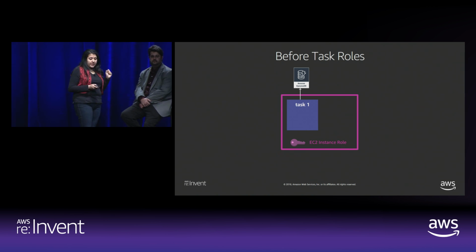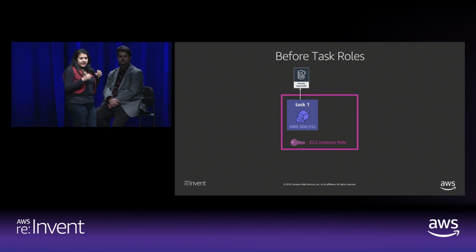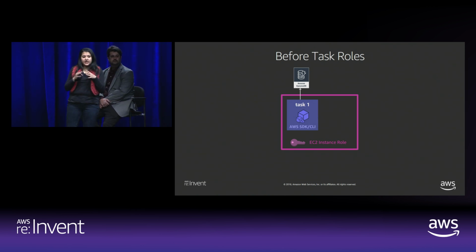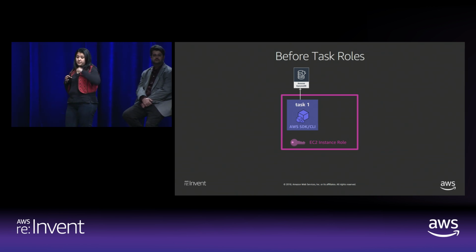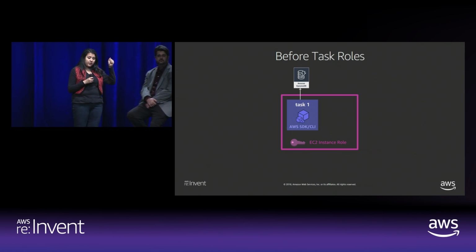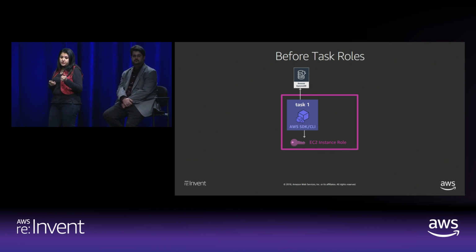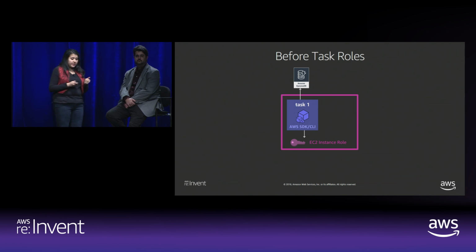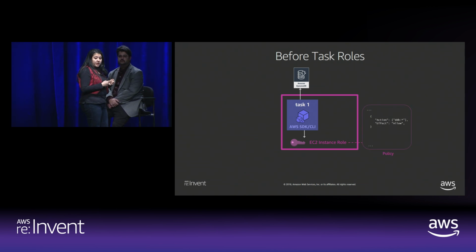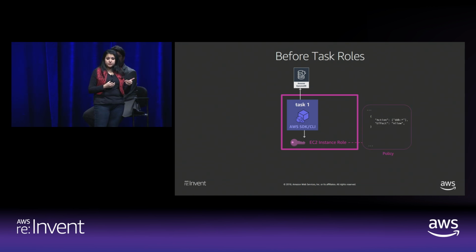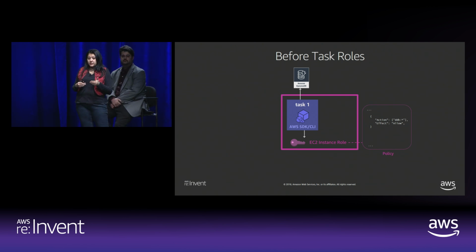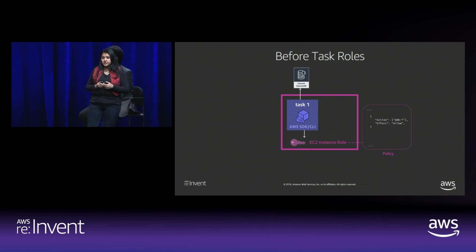And by default, the way this works is the AWS SDK or CLI that you're using within your task to make that DynamoDB API call is wired by default to load the credentials associated with your EC2 instance role. And that means that the IAM policy that you attach to your EC2 instance role needs to have this DDB permissions associated with it.